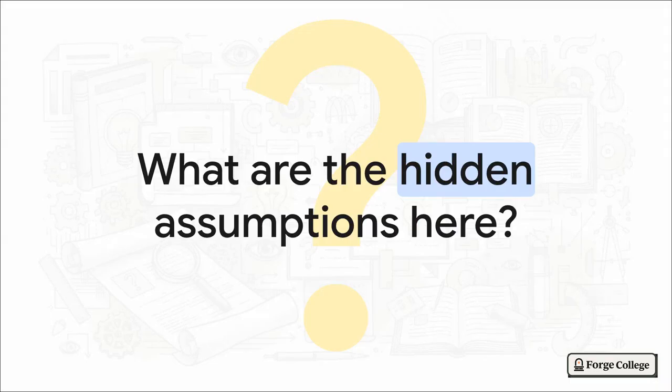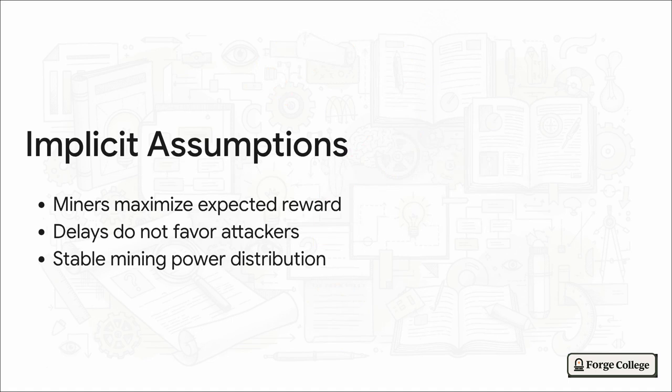So, let's play detective. We know the surface-level rule. Nodes adopt the longest valid chain. But what exactly is Satoshi assuming beneath the surface for this guarantee to hold up in the messy, real world? Here are the invisible pillars. First, a behavioral assumption. Miners maximize their expected reward. They're rational and they want to make money. Second, a physical networking assumption.